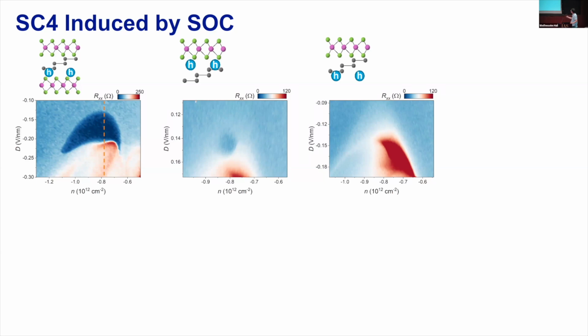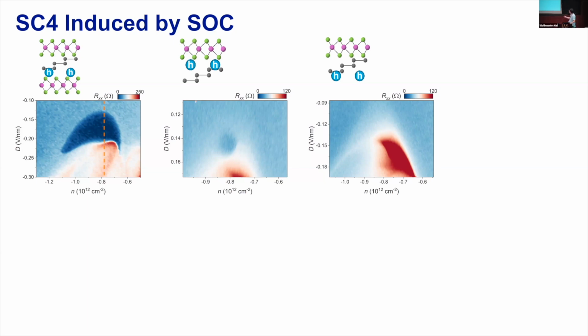And when we apply the electric field to push the holes or the charges to the layer that's far away from the TMD, you can pretty much think about that as there's no SOC, no spin-orbit coupling, because these electrons are far away from the TMD. In that case, this region doesn't show zero resistance. So superconductivity is not there. That's consistent with Andrea's previous report.